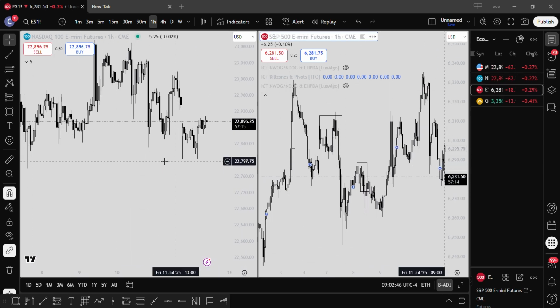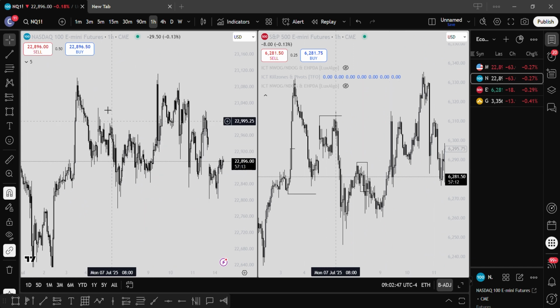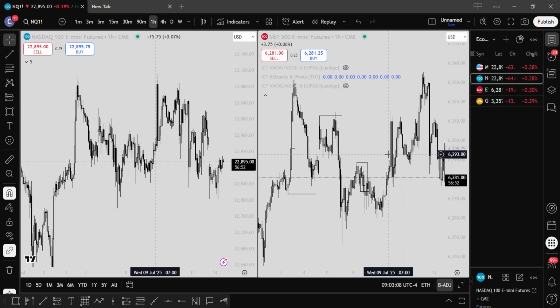Something you need to know is that NQ and ES move together, but sometimes one of them is stronger and sweeps liquidity while the other doesn't sweep liquidity. So you have always to keep your eyes on both of them, checking for SMTs.